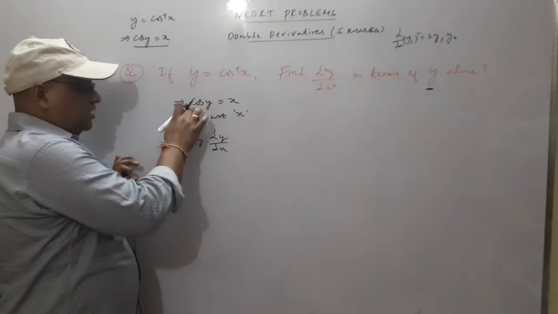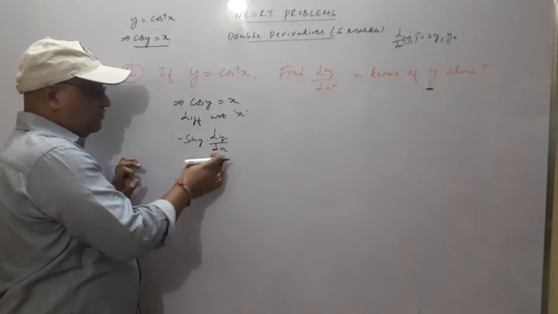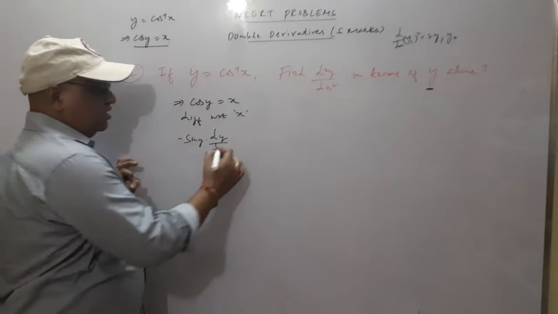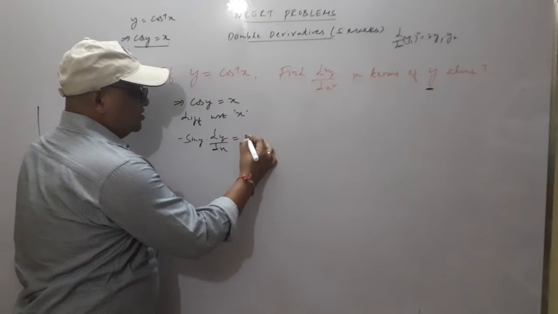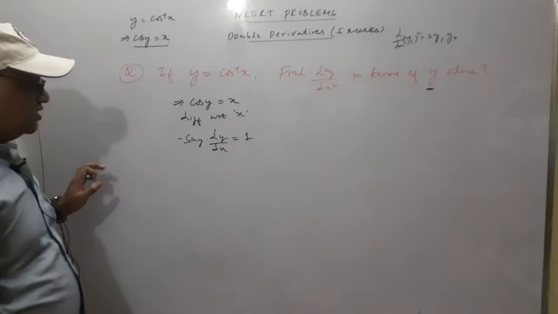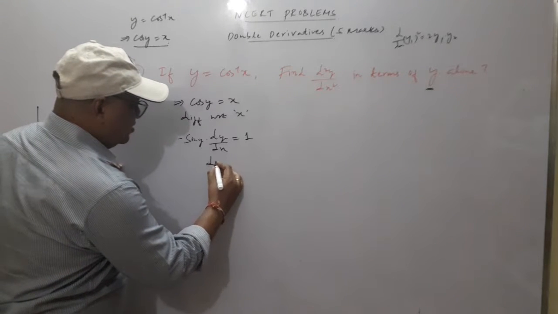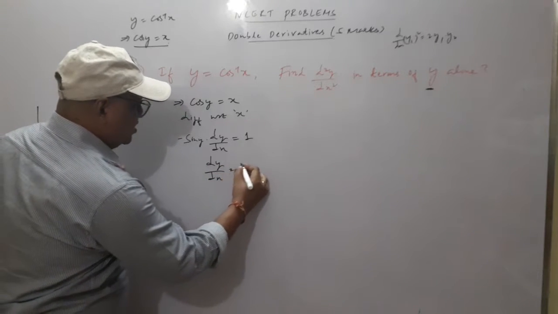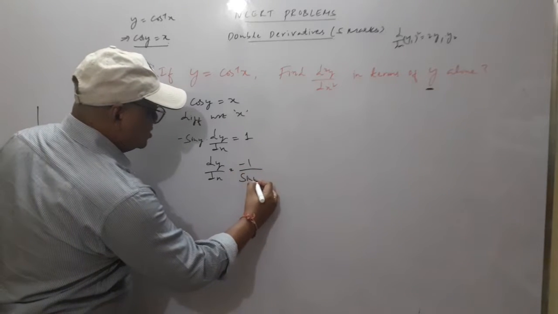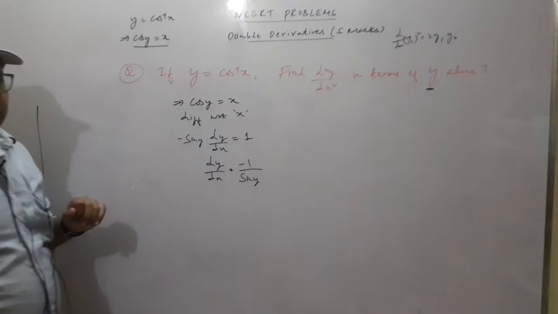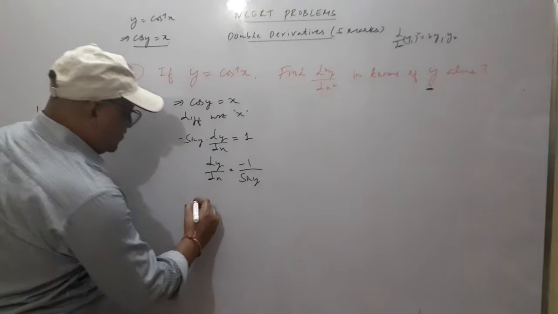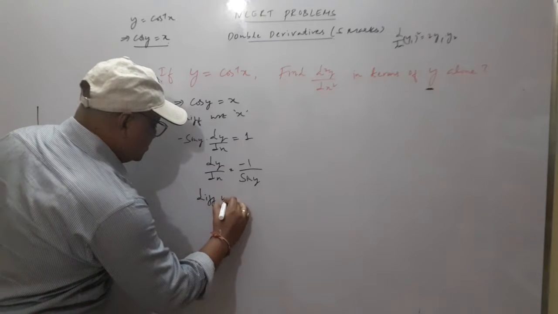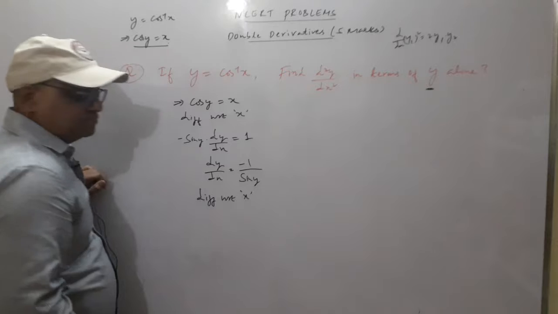Here minus sin y into the differential of y, which is dy by dx, is equal to the differential of x, which is 1. Now, I can write dy by dx as minus 1 by sin y, by cross multiplying. Again I am going to differentiate with respect to x.